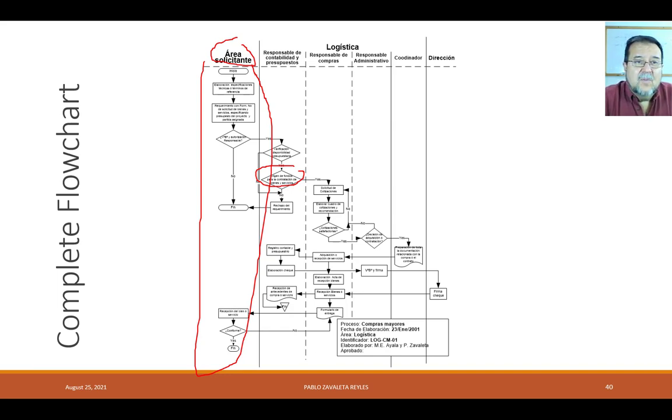And it flows from top to bottom. And always we have all this data. What is the process? When was it developed? For which area? Who did it? The identifier for the process, and who approved it.